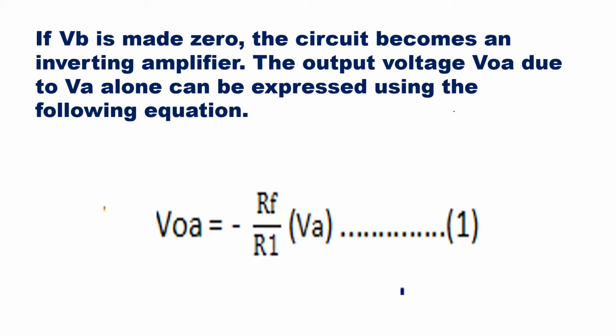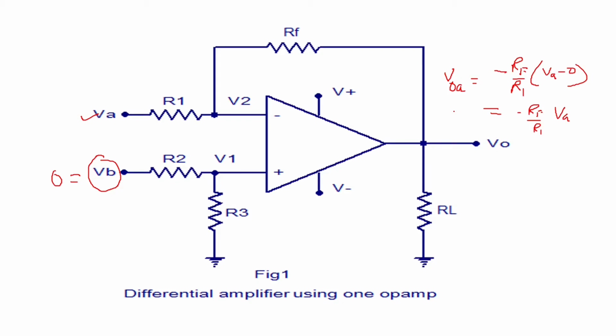The output voltage VOA due to VA alone as the input can be expressed using the following equation: VOA is equal to minus RF upon R1 into VA. This is what we saw here. Minus RF upon R1 will give you the gain of the circuit in the inverting amplifier stage.